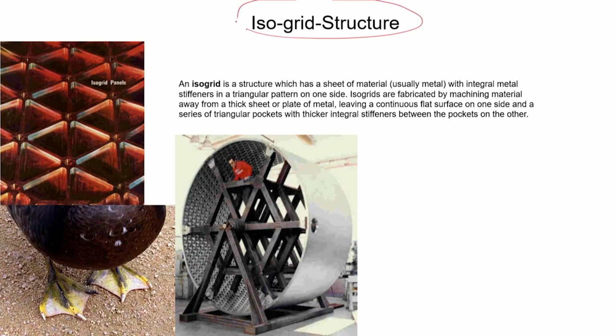Isogrid has a sheet of material, usually metal, with stiffeners integrated in it. You can see the stiffeners here integrated in such a way that they are all actually triangulation of the system. Okay. That gives a huge stiffness to the structure.